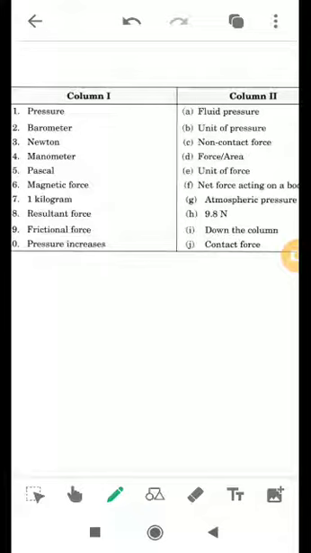Let us see the next. See now, pressure. You have to match column 1 and column 2. Okay, so let us begin. What is the answer of the first one? Pressure is the force per unit area. You will find this is option D, force per unit area. A manometer is a device to measure fluid pressure.